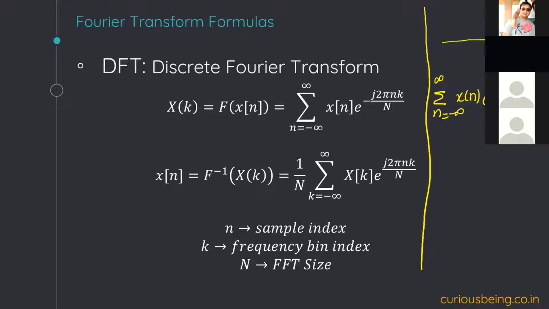Assume that my frequency domain signal was something like this. When we are sampling this, we mean that we are dividing this into n number of samples.